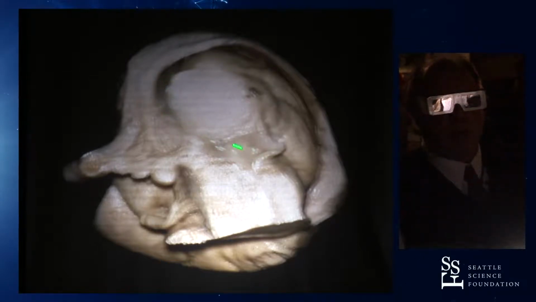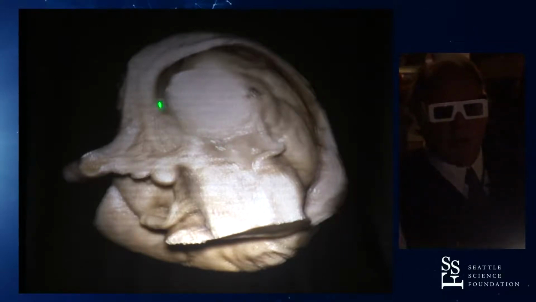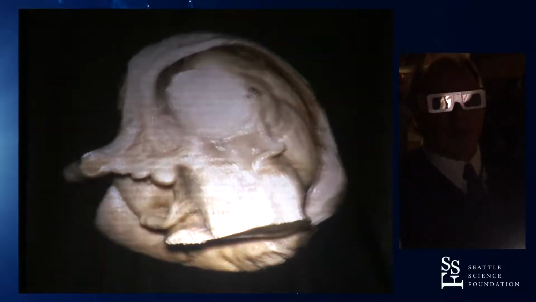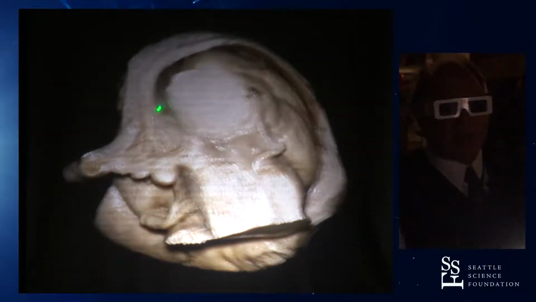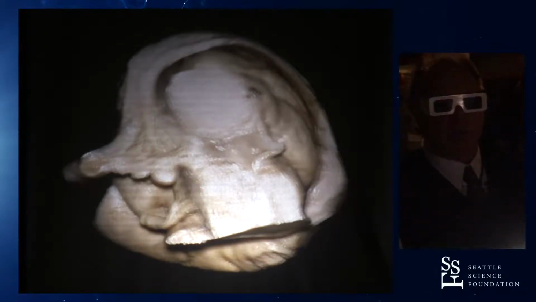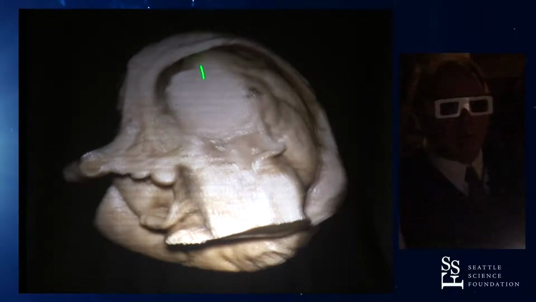This sulcus, of course, is called hypothalamic sulcus because it's just underneath the thalamus. Hypothalamic sulcus, underneath the thalamus. Goes from foramen Monro to the opening of the aqueduct. So everything that's inferior to this hypothalamic sulcus is hypothalamus.